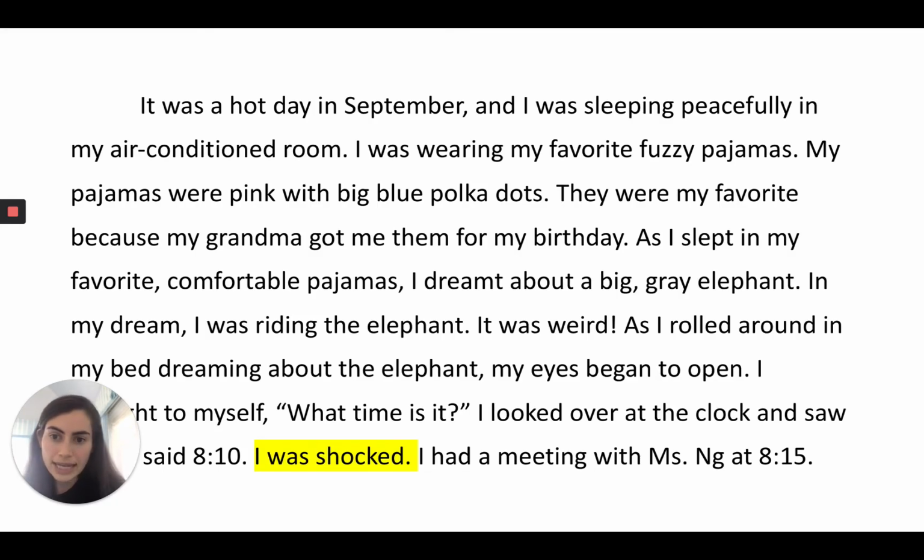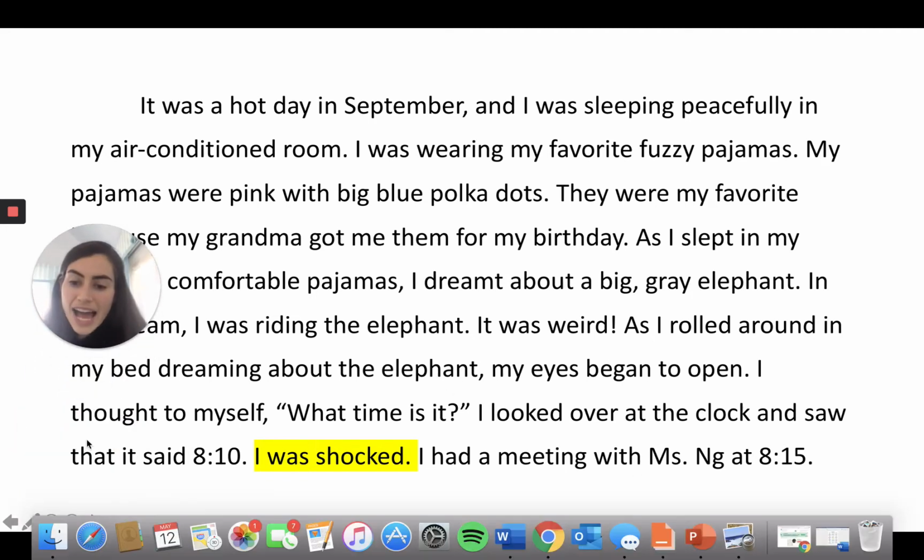So let me show you an example with my story. I went back to my beginning paragraph, my first part that I wrote based on my sketch. I read through it, thinking, is there a spot where I just told my reader how I was feeling? And I noticed that there was. At the bottom, I highlighted it for you. It says, I thought to myself, what time is it?